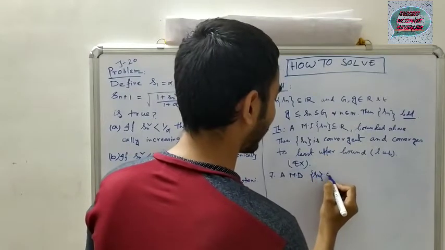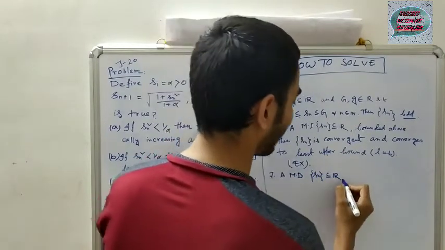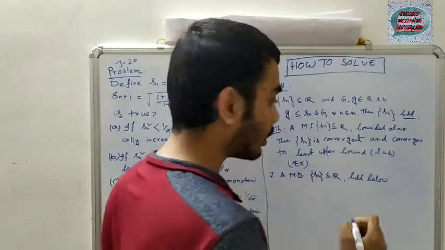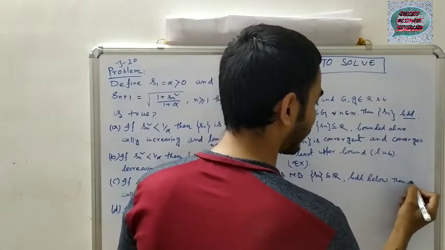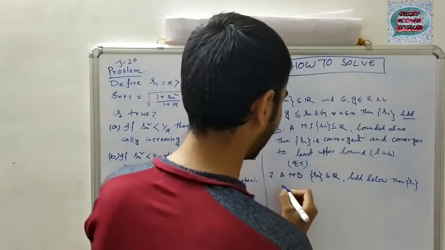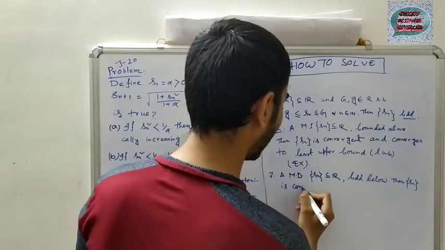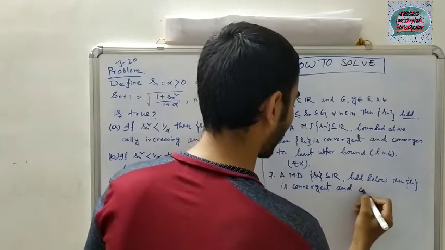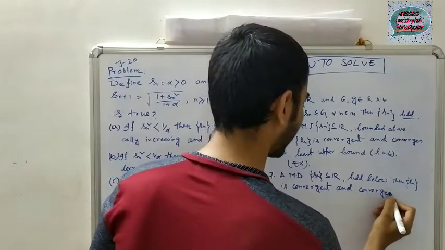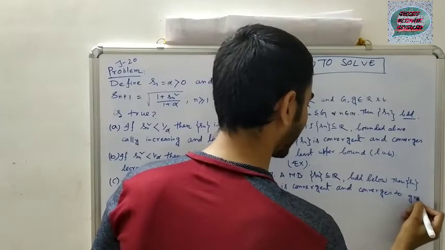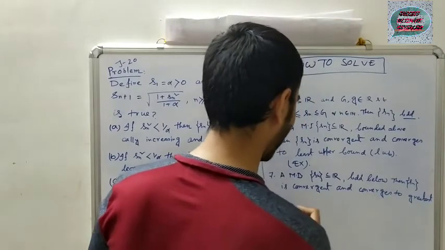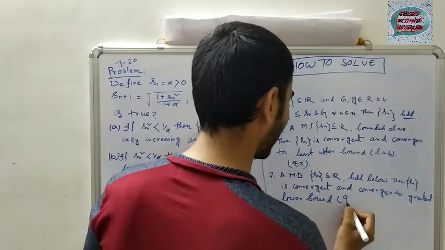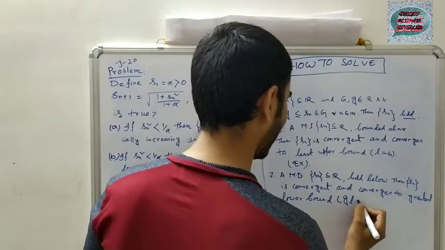Seventh point: a monotone decreasing sequence Sn of real numbers, bounded below, then Sn is convergent and converges to the greatest lower bound, that is GLB.